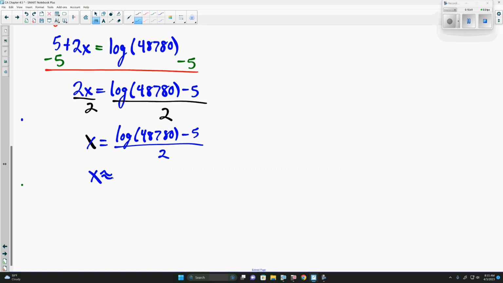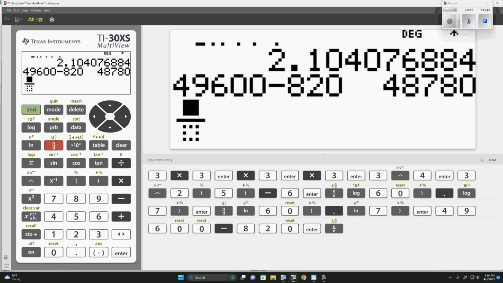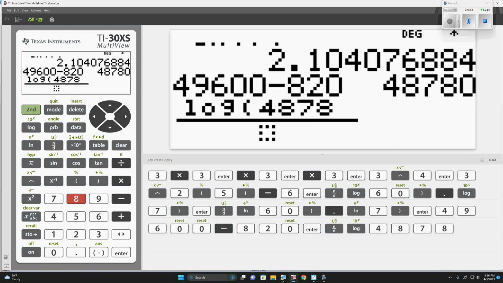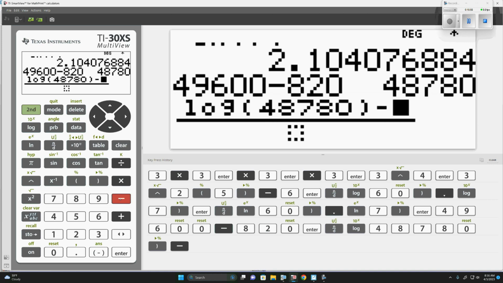And at this point here, we can type the whole thing into the calculator and let it do the work for us. We can say log minus 5 divided by 2.